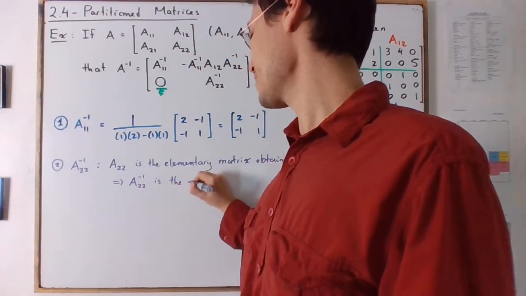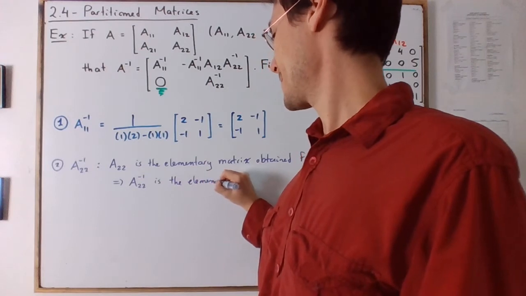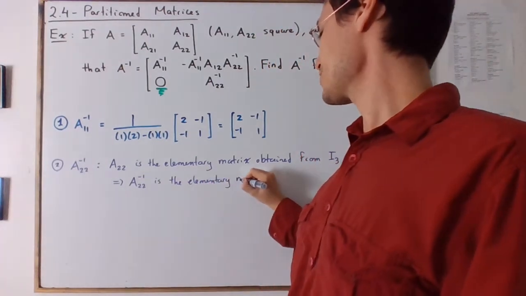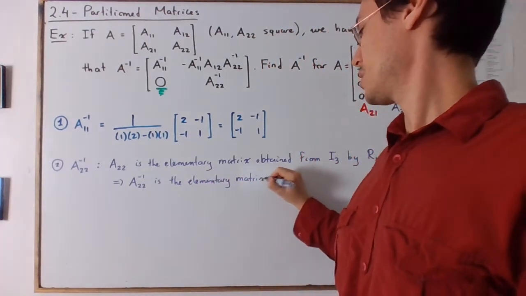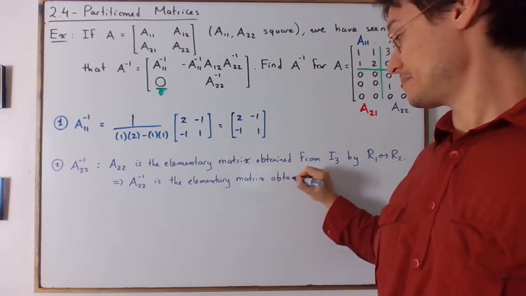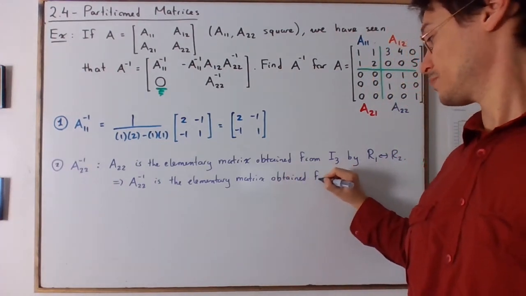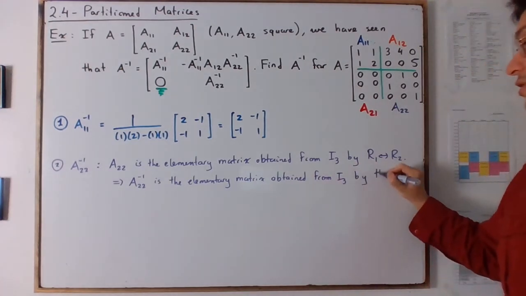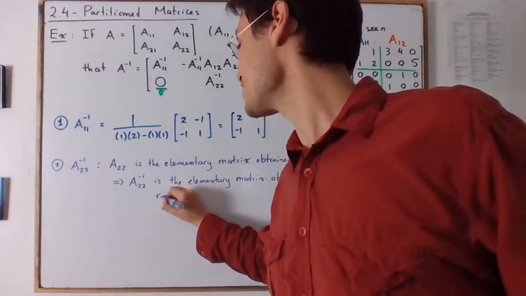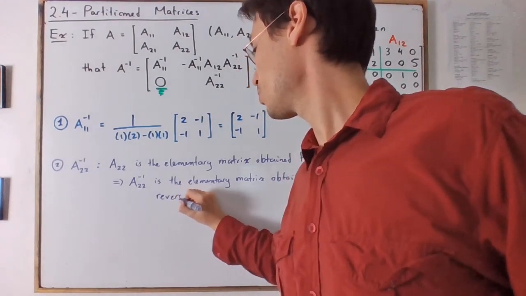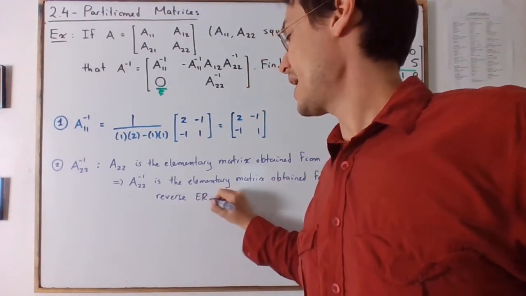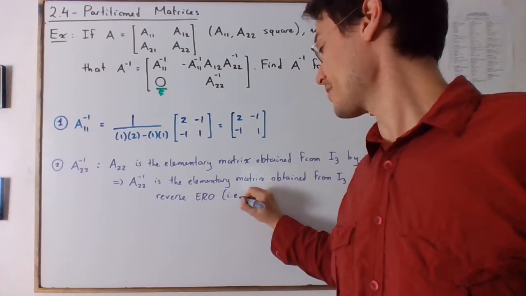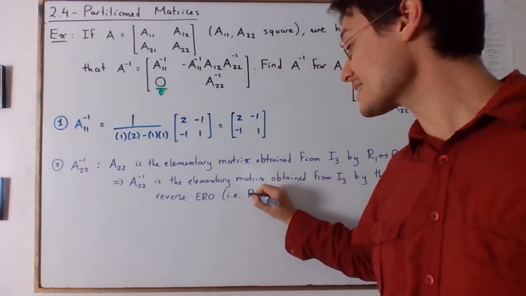A22 inverse is the elementary matrix obtained from I3 by the reverse row operation. And in this case, of course, the reverse row operation turns out to be the same one.